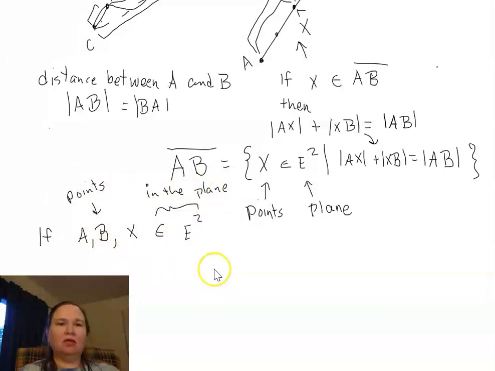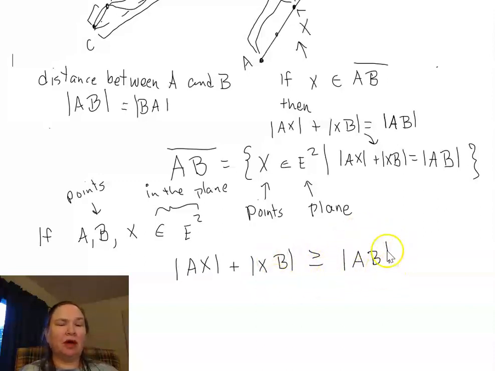Then the distance from A to B, compared to going by way of a third point X, that is, if I go from A to X and then to B, no matter what point X is, is always going to be at least as long as going on the shortest path.